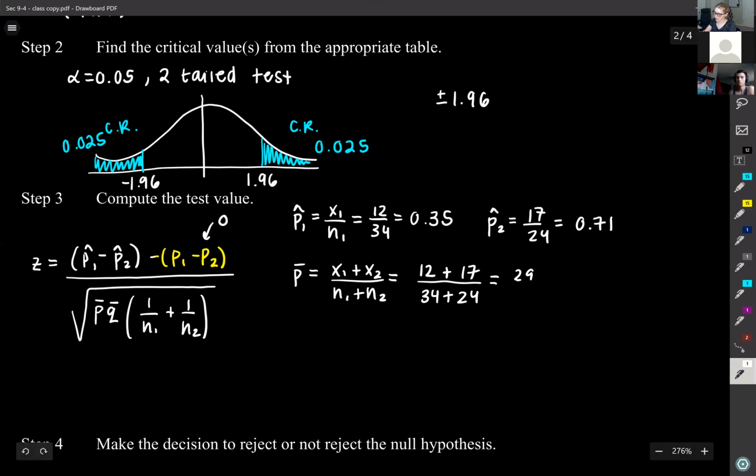So that gives you 29 over 58, which is just 0.5. So now we have to find a q bar, and q bar is just 1 minus p bar. So it's just 1 minus 0.5, but that's just 0.5 again.